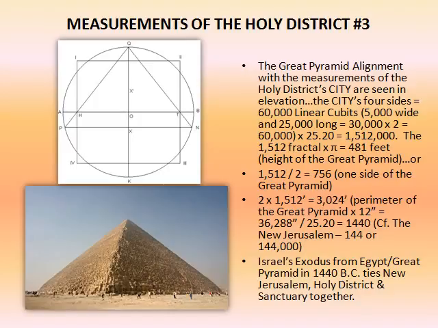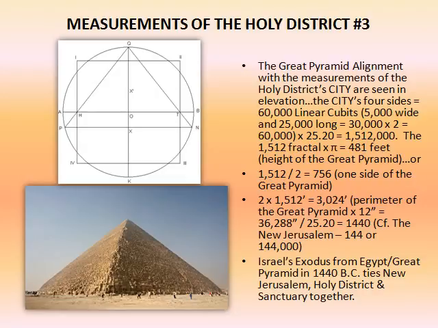That is the perimeter of the Great Pyramid, times 12 inches will give us 36,288 inches. Divided again by the sacred cubit of 25.20 will equal 1,440.